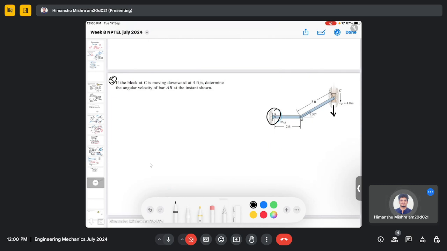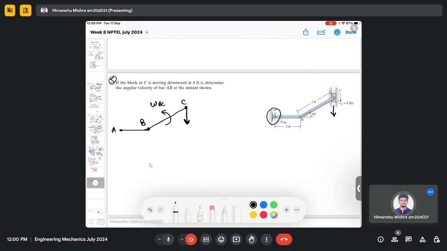Right, so this is my bar BC, and this point is moving downward. Right, so as this point is moving downward, it will have some angular velocity, which is omega BC, right?